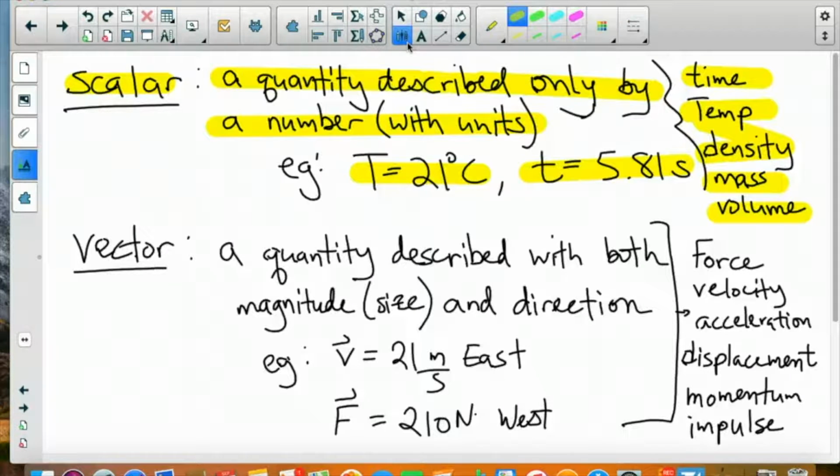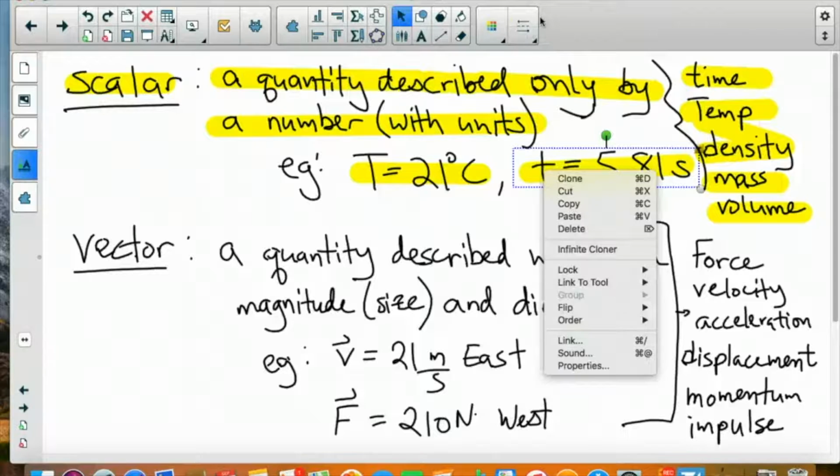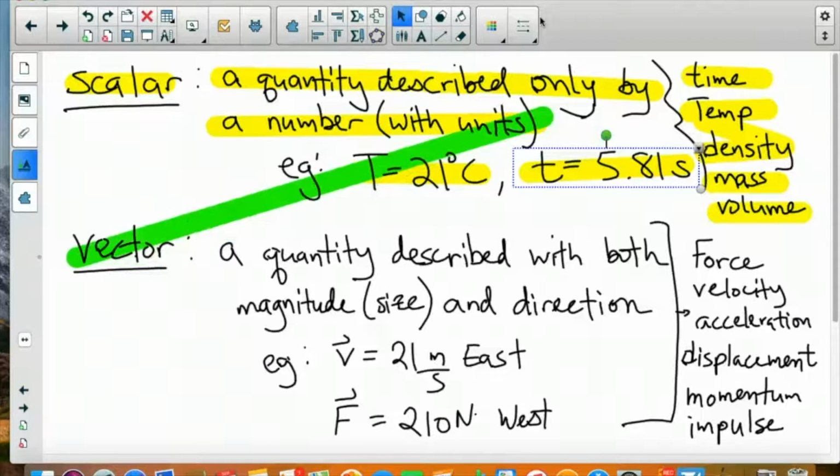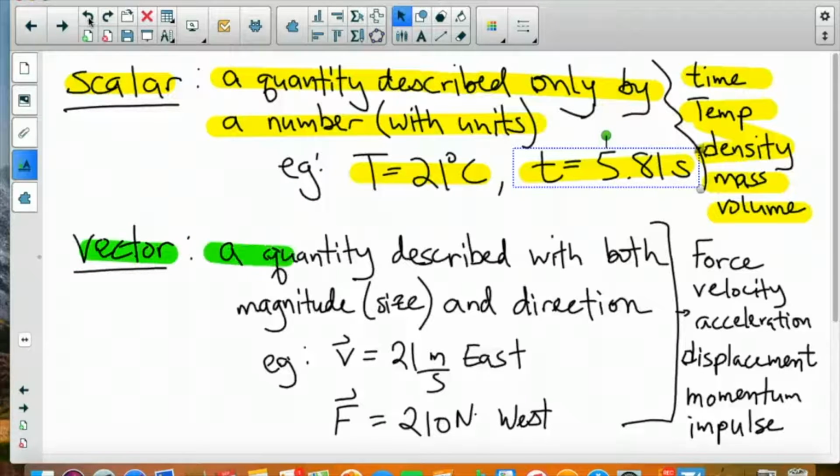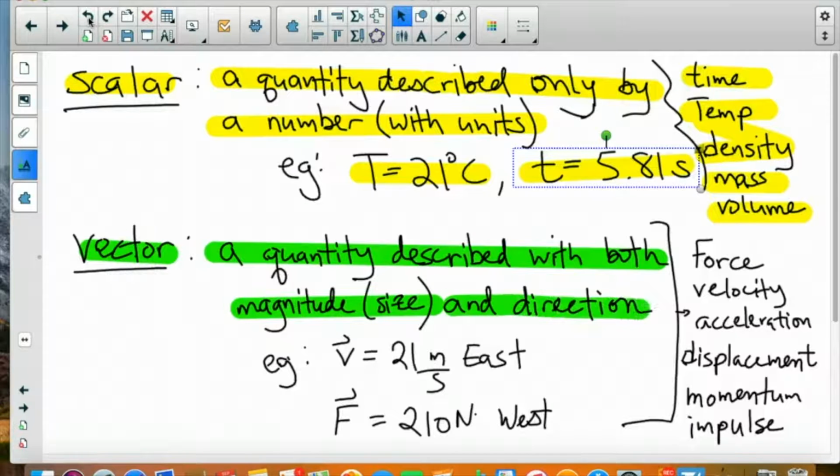Now, a vector is a little bit different than a scalar. A vector is any quantity that is described with both magnitude, that means size, and direction. This is very important.